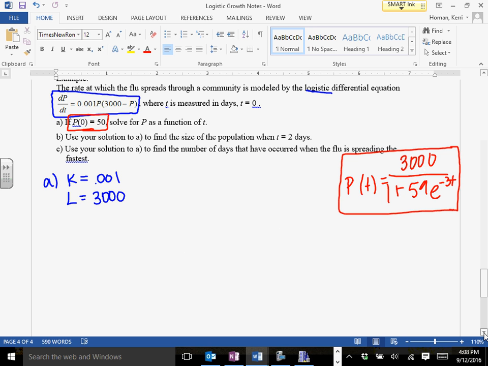Now, for part B, we need to use our solution to find the size of the population when t is 2 days. So P of 2, you're just going to plug in 2.